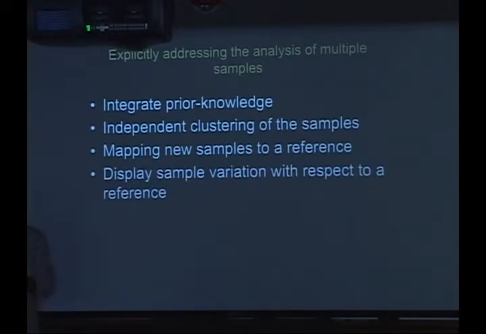And of course, this method also has to be able to display the variation between the new stuff you're mapping to the reference and the existing reference. So there is both an issue of consistency. You want similar things to be similar, but you also want the method to be able to show that there is variation in the new things that you have analyzed.